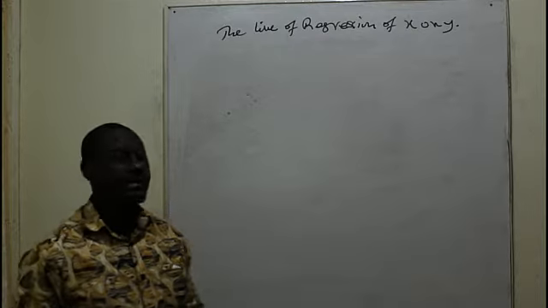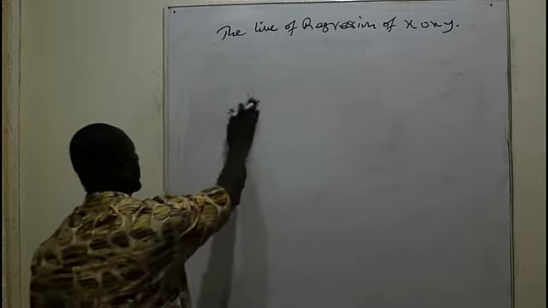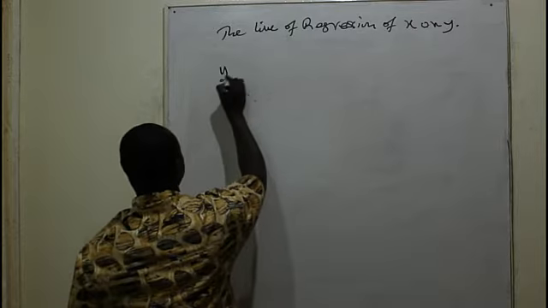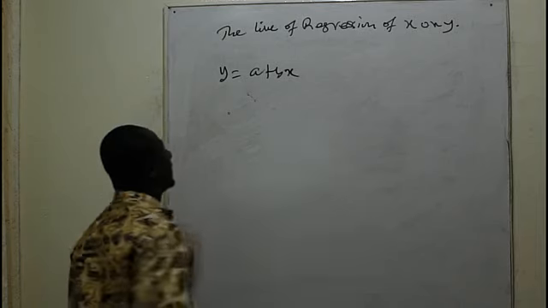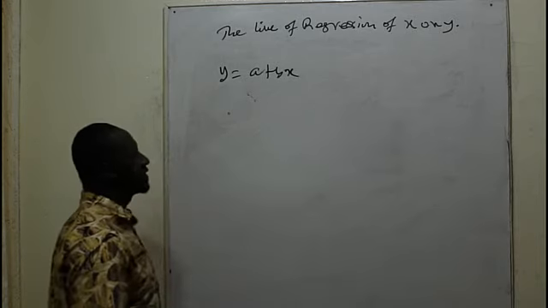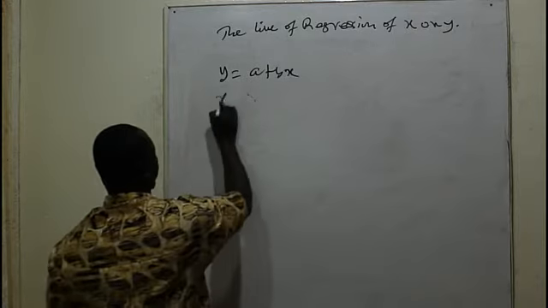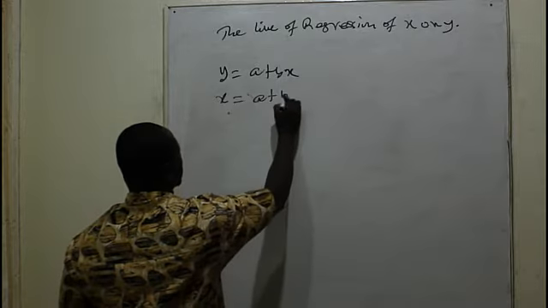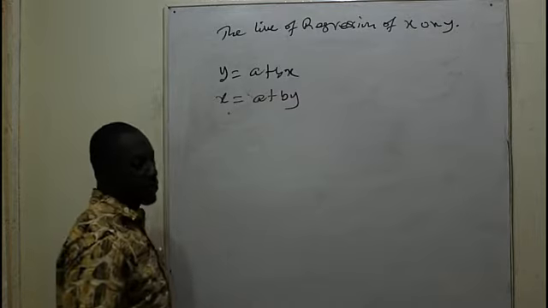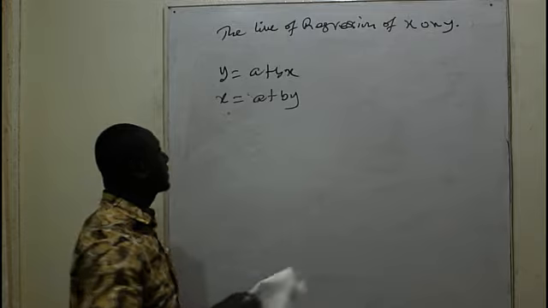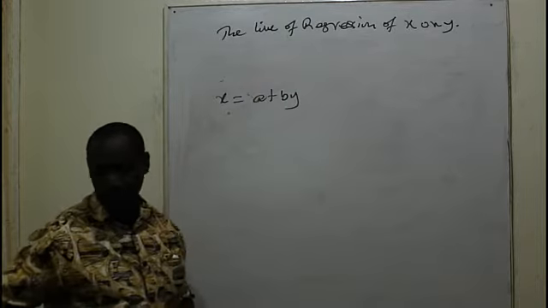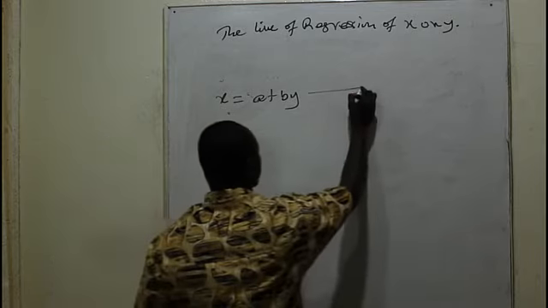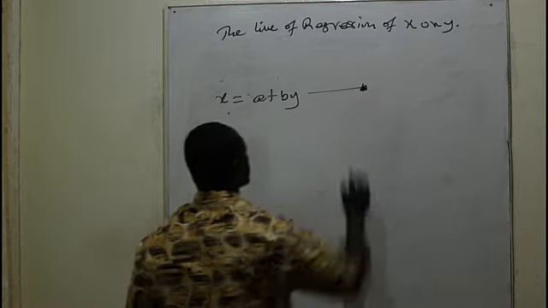Going by the same equation, if y is dependent on x, then we have y = a + bx. But if x is dependent on y, then we are going to have x = a + by. For the regression line of x on y, this is the equation we are going to use.